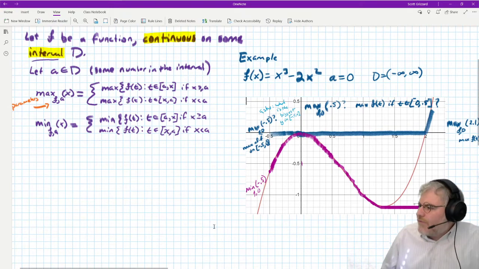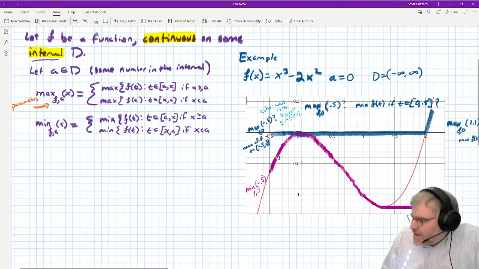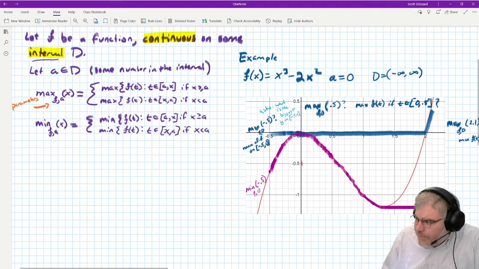So now the minimum function is increasing and increasing, and then it comes back down, because each one of these is the smallest thing on this interval. But now, if I'm asking for the smallest value of the function from 0 to 2, it's right here. So it becomes down, and then it becomes the constant function again.